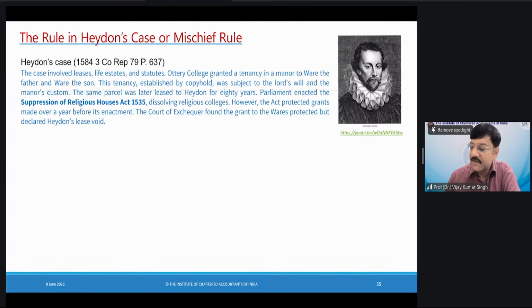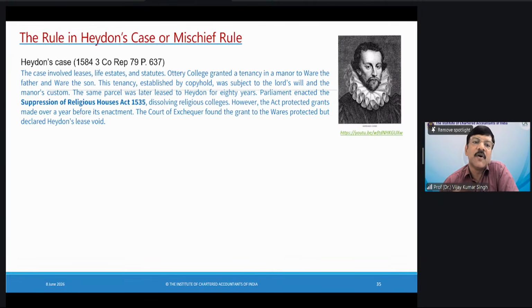For example, if I have to see the IBC, Insolvency and Bankruptcy Code, from the lens of the mischief rule, I will see what was the position before the IBC: creditors were not in control, debtors were in control. What was the purpose of bringing the law? To give creditors the control of the proceeding if there is a default. So this was the mischief. Whether that mischief is getting cured in the new law or not, this is what is called the rule in Heydon's case, or the mischief rule. This rule was laid down in Heydon's case.